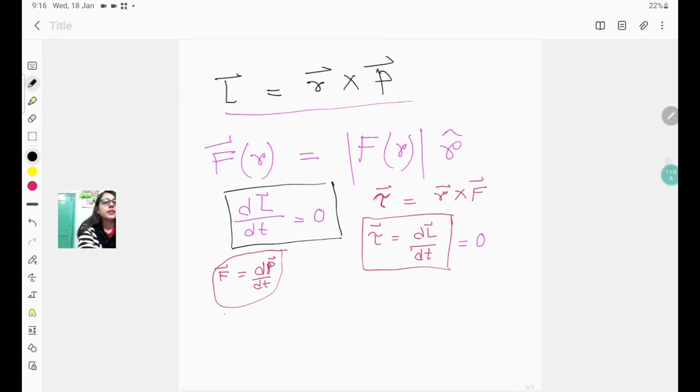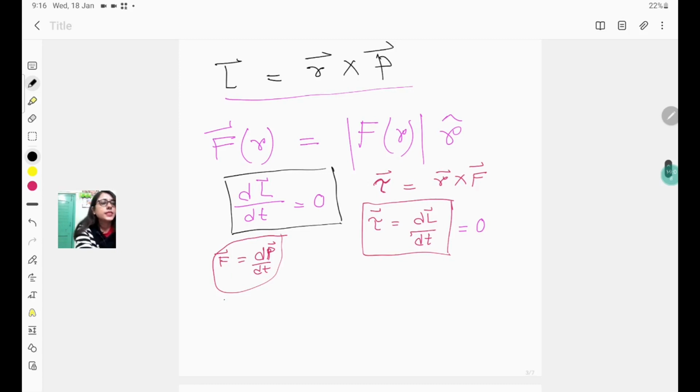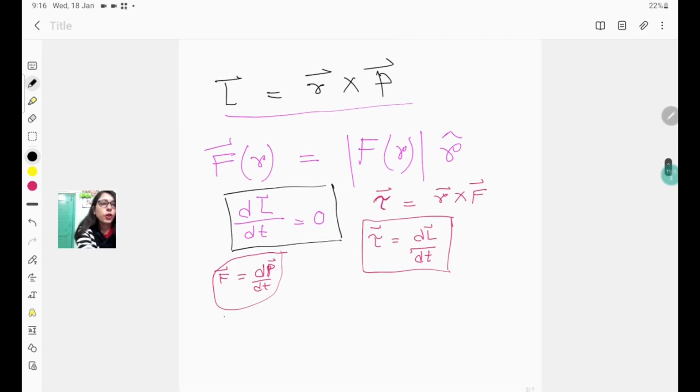Now just check what the amount of torque is in this case. We already have written that tau is equal to r cross F. Here F is a function of r, right? So F as a function of r, we can write it here. So from here we can write tau is equal to, in case of r, we can write r cap, where this one is the magnitude of r, into r cap, cross magnitude of F(r) into r cap, right?